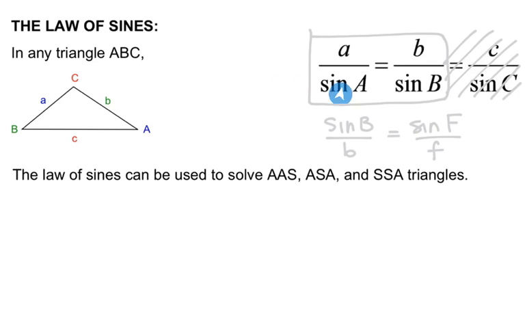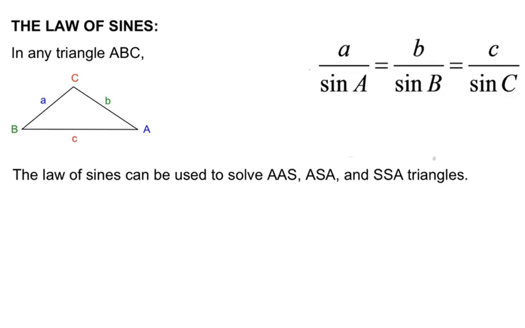So notice I've flipped these fractions. We can write it that way as well. Essentially, all we need to do is to be able to create a proportion using two angles and two sides. So if I was given a triangle with some information, if it is angle, angle, side, or side, side, angle, we can use the law of sines to help us determine the missing sides and angle measures.